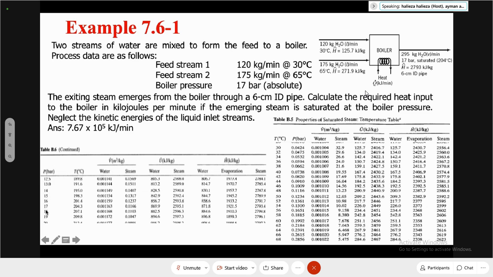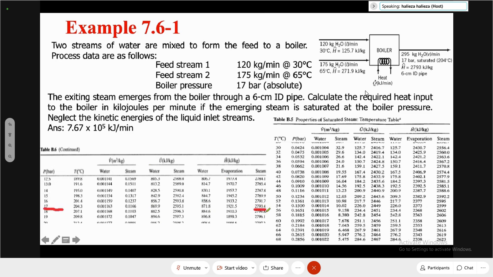You mentioned that's 17 bar. Where is the enthalpy? It is mentioned that it is at 17 bar. It is saturated steam, so you're not going to use that value for water, you're going to use the value for steam.